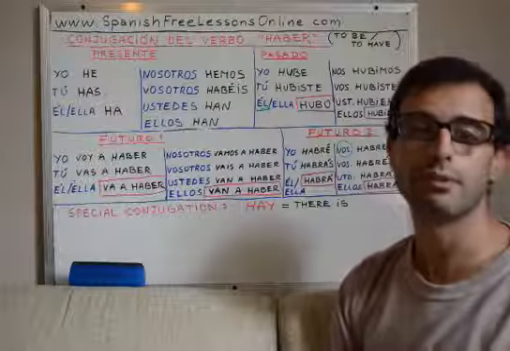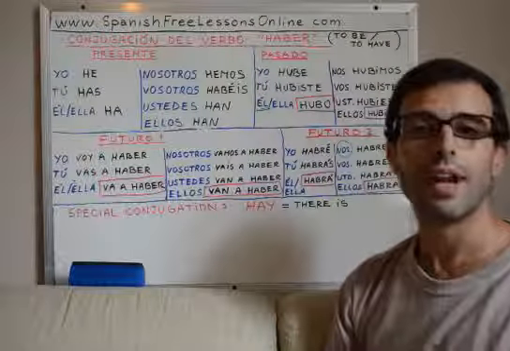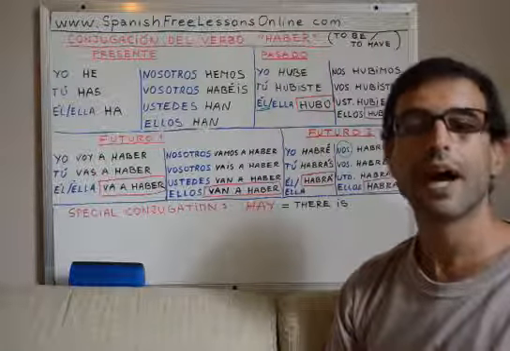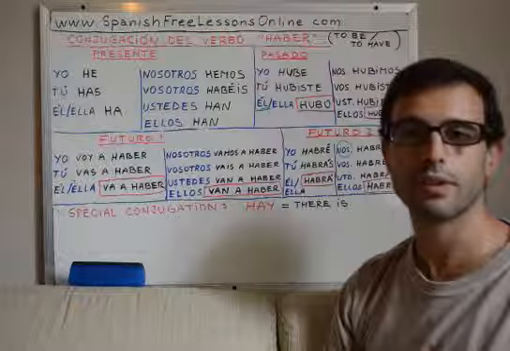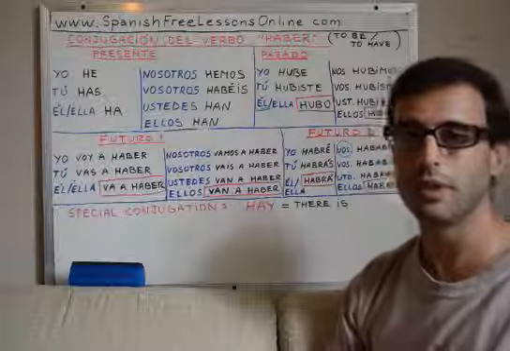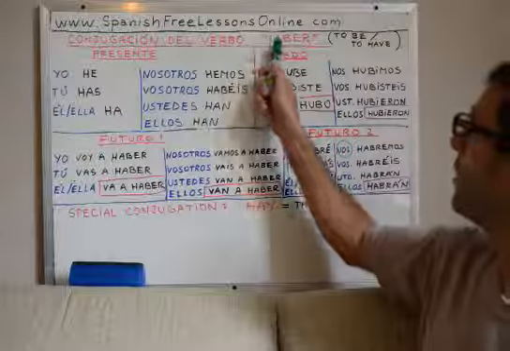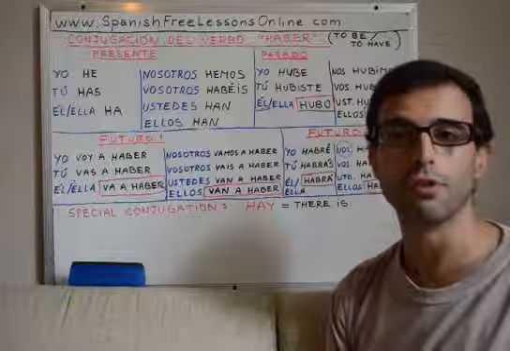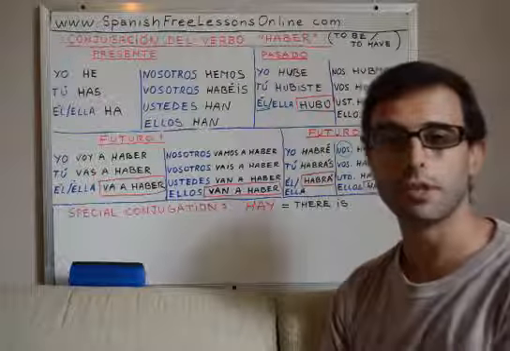For example, if I say hay muchos niños, I'm saying there are many children. Here we use the verb haber, as in English we use the verb to be, to say there are many children.